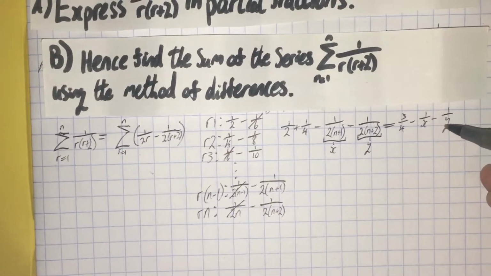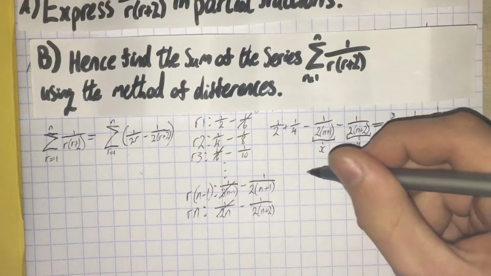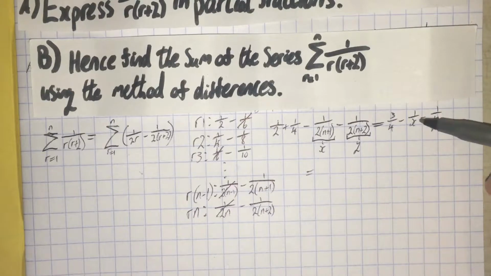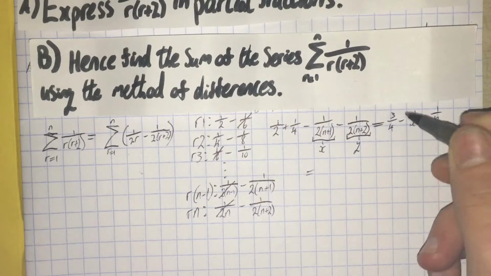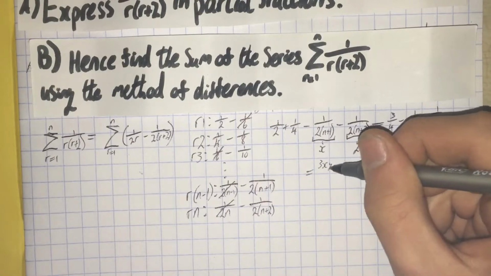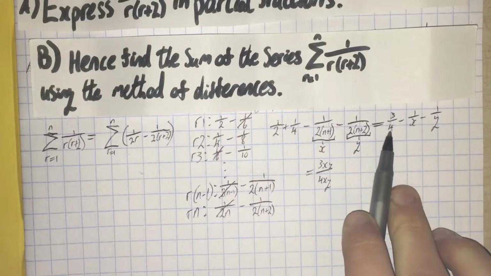So using fractions again, we're going to have to times by x over x and y over y and 4 over 4. So this means we'll have 3xy over 4xy, which obviously cancels back down to 3 over 4.